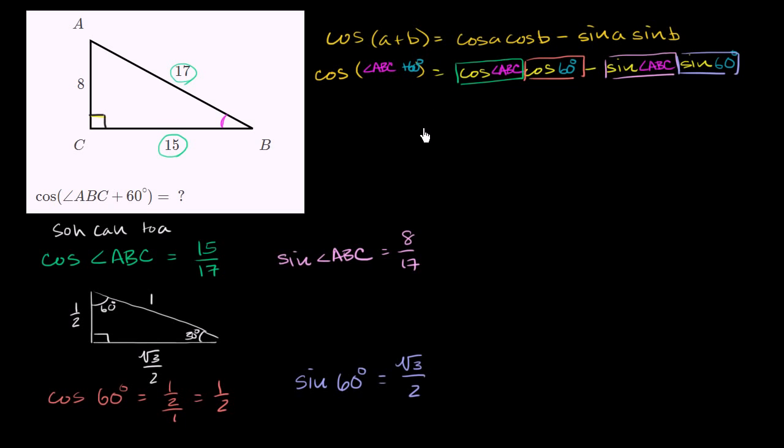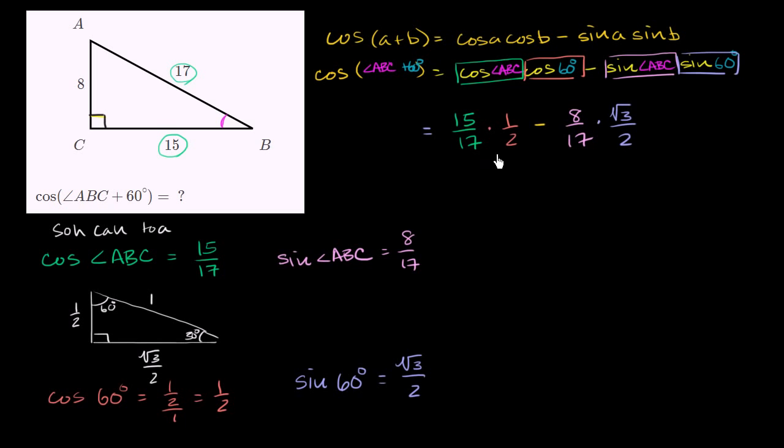This whole thing is going to evaluate to cosine of angle ABC is 15 over 17 times cosine of 60 degrees is 1/2. So times 1/2. And then we're going to subtract sine of ABC, which is 8 over 17. And then times sine of 60, which is square root of 3 over 2. So times square root of 3 over 2.